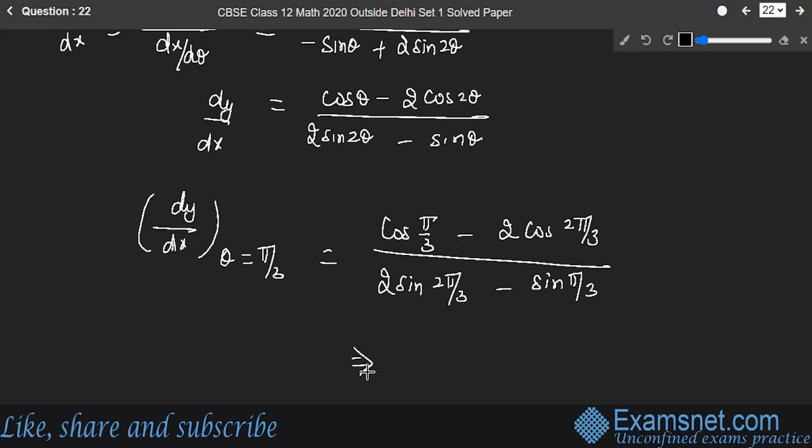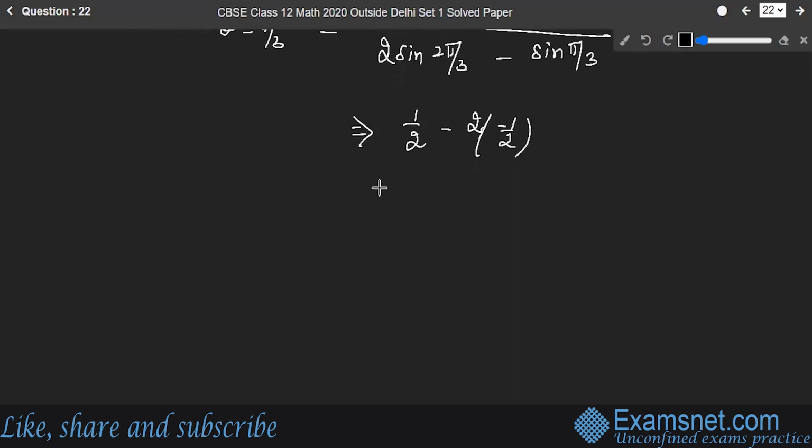Right? What is the value of cos pi by 3? This is cos of 60, that is equal to 1 by 2 minus 2 into minus 1 by 2, whole divided by 2 into sine of 120, which will be equal to sine of 60, and sine of this will be equal to root 3 by 2, minus root 3 by 2.